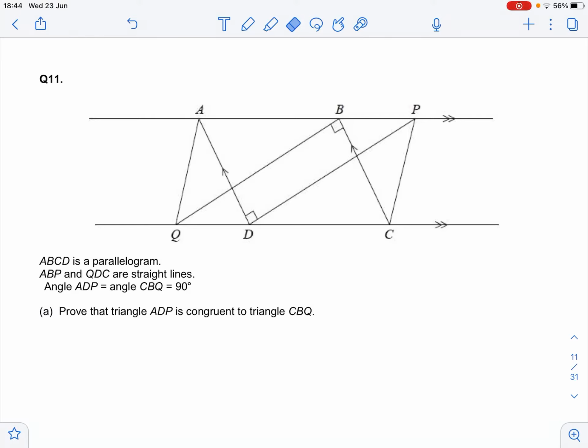In this question, we're asked to prove triangle ADP is congruent to triangle CBQ. So our triangle ADP is this triangle here.